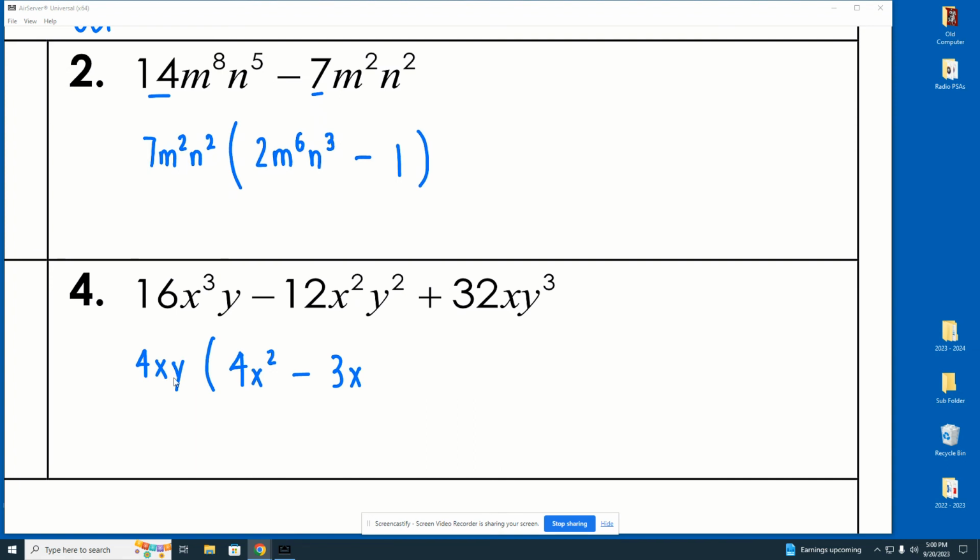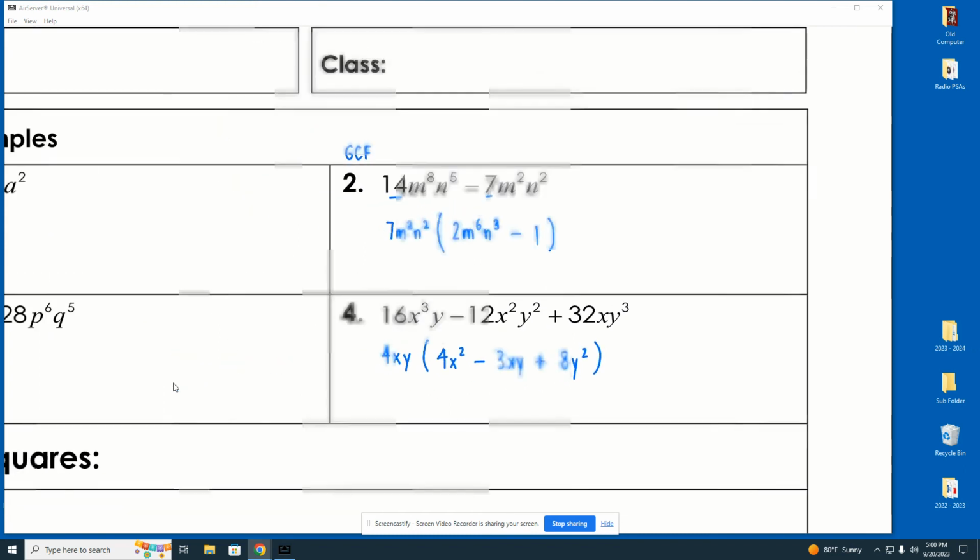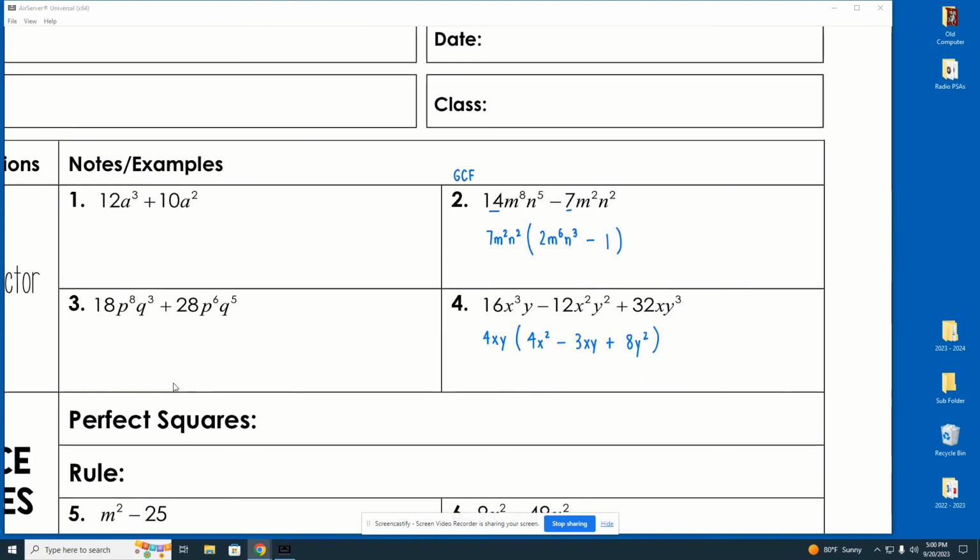Y squared divided by y is just y, so negative 3xy. And then finally, positive 32 divided by 4 is positive 8. X divided by x cancels, and y cubed divided by y to the 1st is y squared. So there we have GCF, greatest common factors.